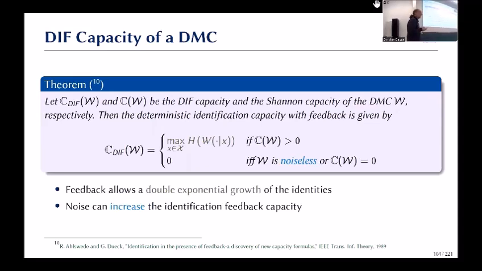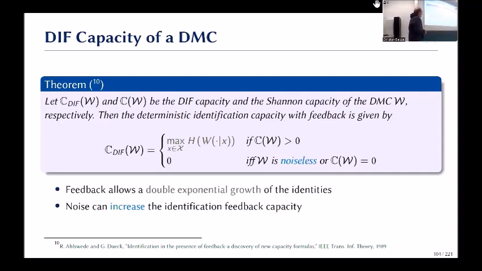But if you remind yourself what we have done in the part before, there was something with common randomness. Common randomness helps a lot, and the main part of identification codes for the achievability part was to create common randomness. Therefore, the idea of Alfred was to use the noisy channel and the noiseless feedback channel to create common randomness.